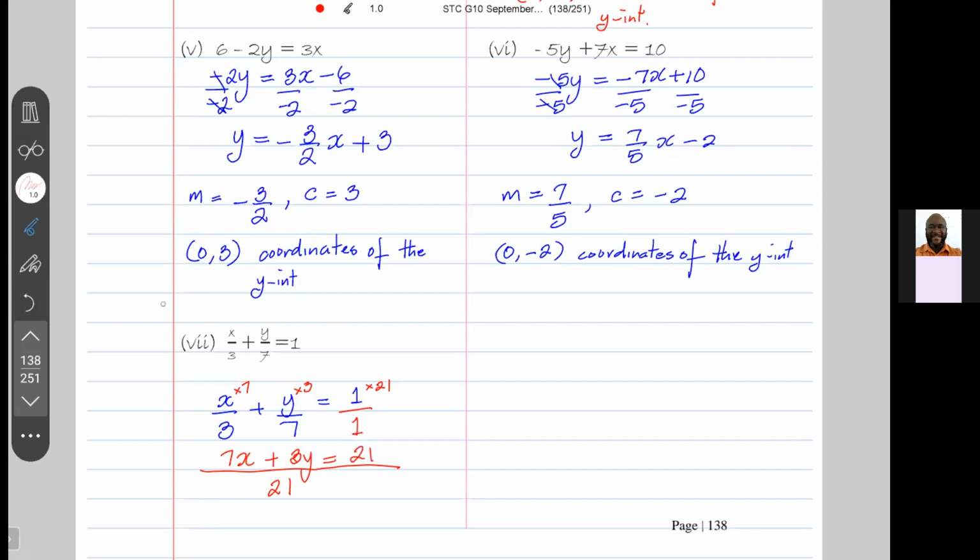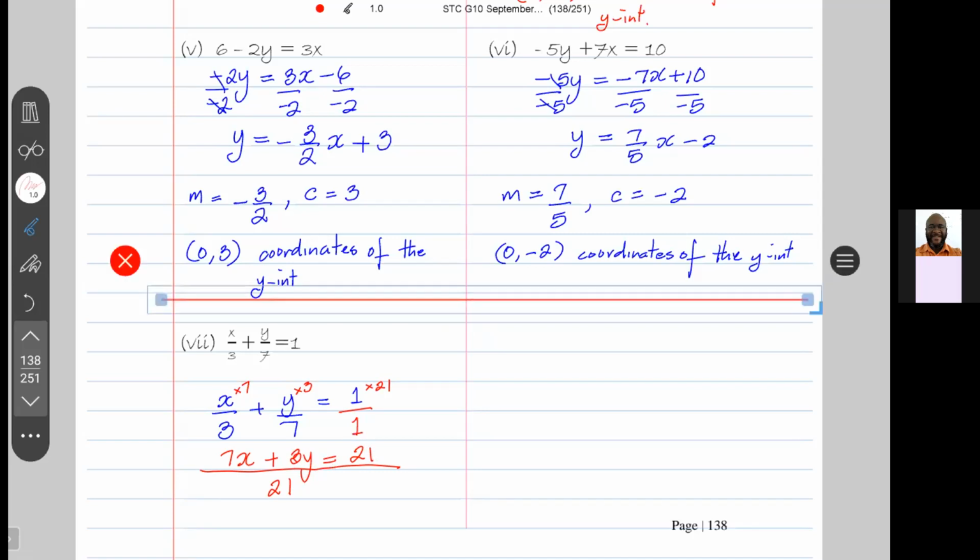So guys, I found the LCM. I used the LCM. Next, I'm going to discard the LCM. Discarding the LCM means going forward, I go forward without the LCM. So now I have 7x plus 3y is equal to 21.